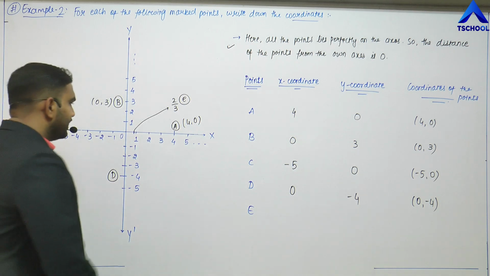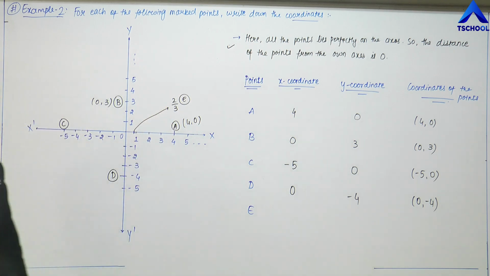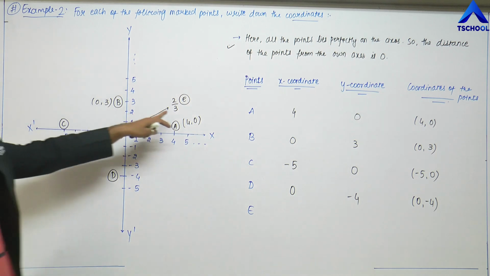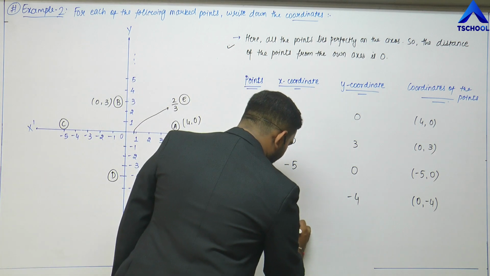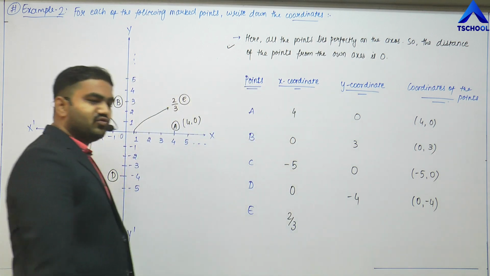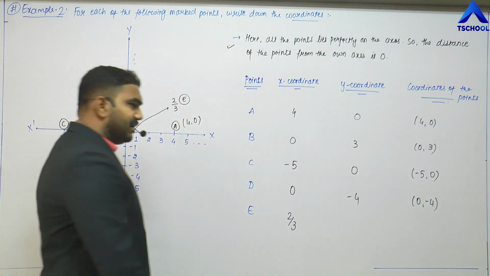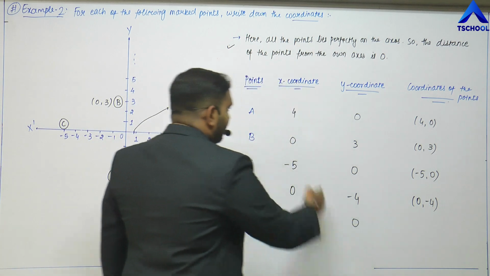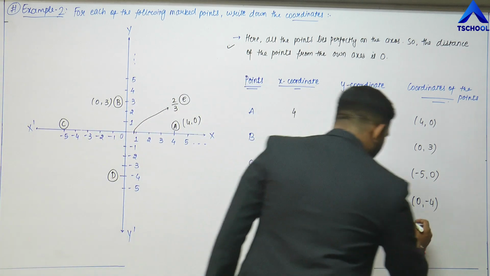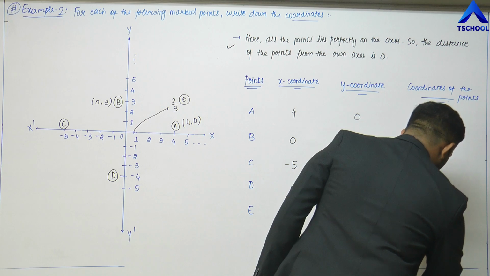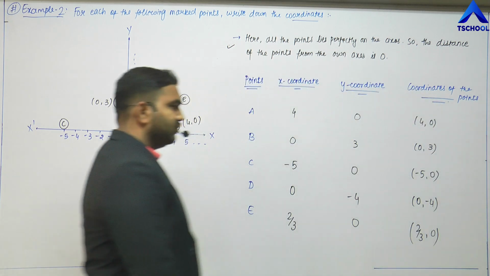Similarly for point E, friends, see here that point E is lying on the positive x-axis at 2/3. So the x coordinate is 2/3 and the y coordinate is 0, because it is lying on the positive x-axis, right? And hence the coordinates here are 2/3 comma 0, right?